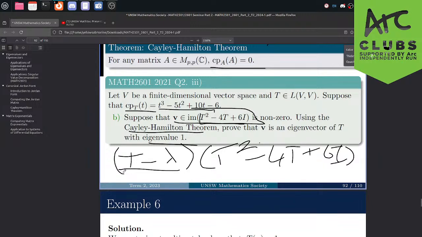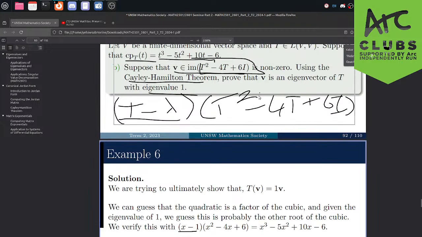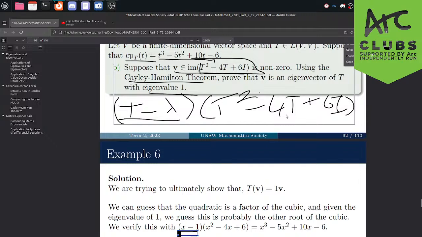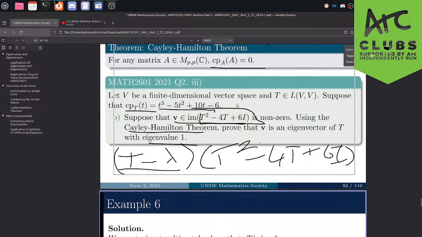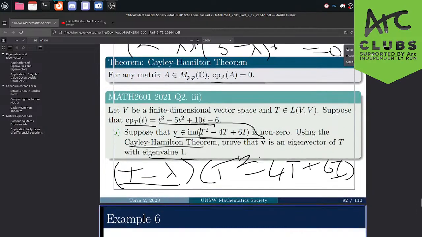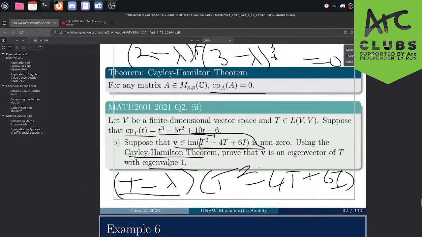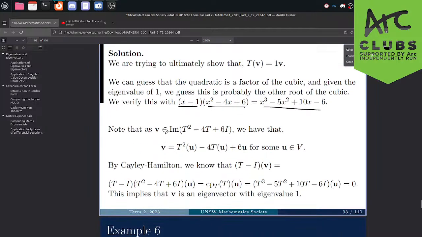So your intuition is to expand this, and you can actually verify this. If you expand x minus 1, which represents T minus I, the notion of being an eigenvector, and you take this quadratic and multiply them, you get your original cubic. So just to note, this cubic was this cubic, this quadratic was this quadratic, and the eigenvalue of 1 represents this.